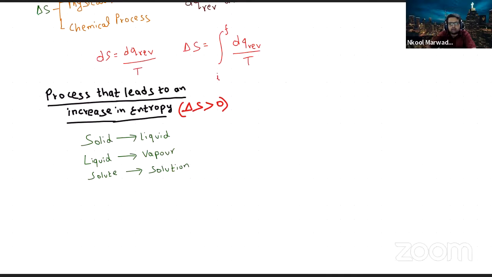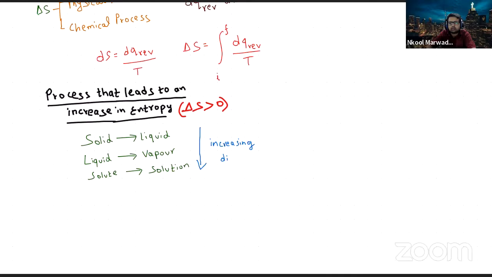The idea is that in these processes, as we go down, the disorder is increasing, and hence entropy is increasing.